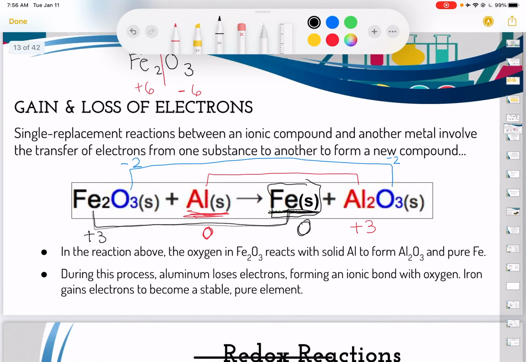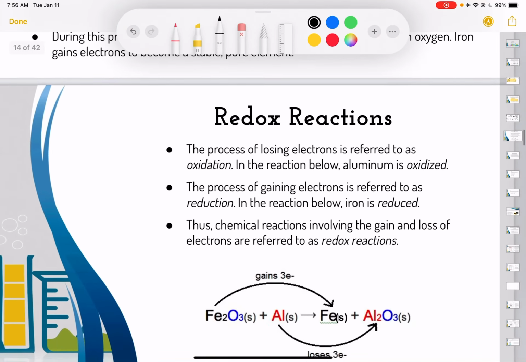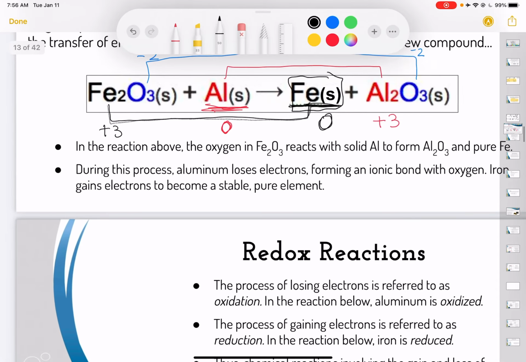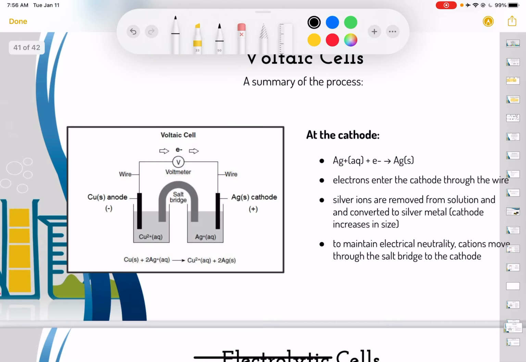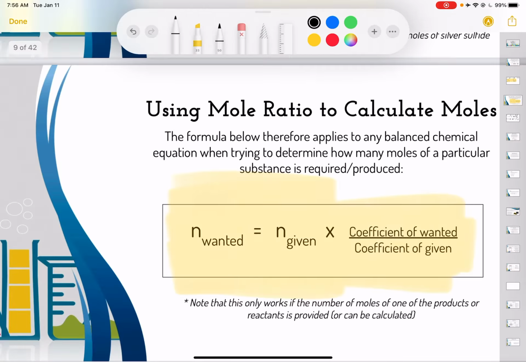I'm going to write this here. So we've got Fe +3, and it goes to be Fe just by itself, okay? The second one, oh my gosh.